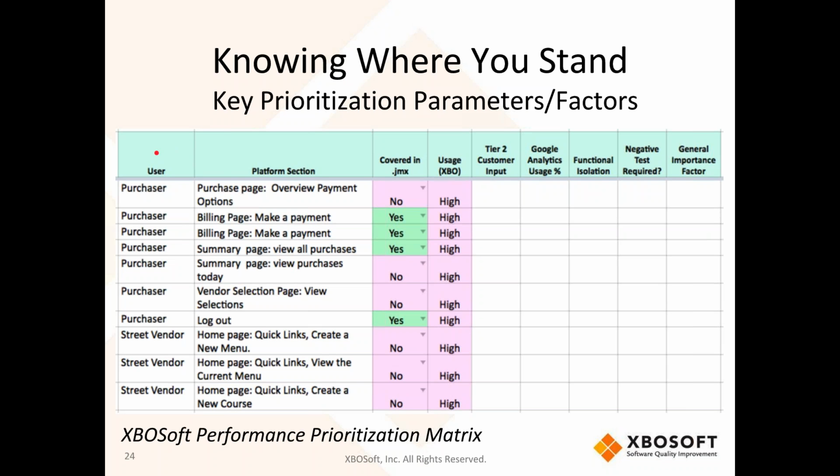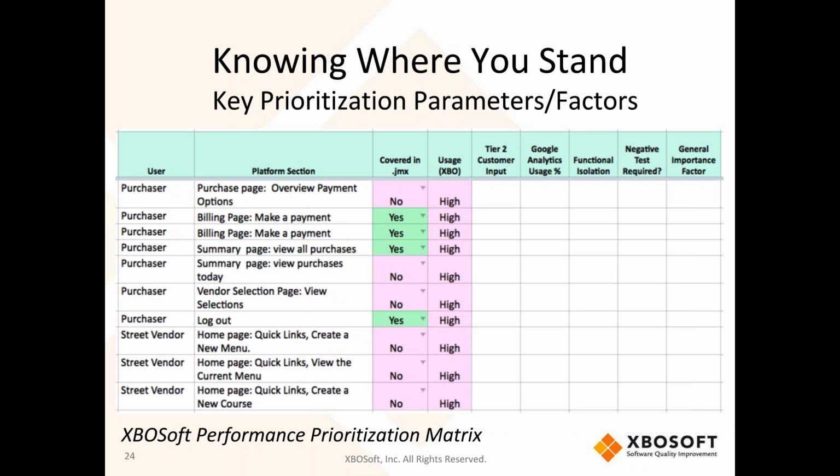First of all, the user and the platform section. This is an effort to break down all the different functions that exist within a piece of software. So the application, the web application, or whatever is going to be under the performance test, you want to look at all the various pertinent functions and list them.